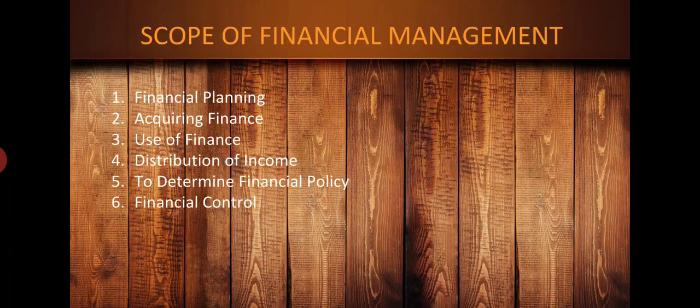The scope of financial management is divided into 6 parts. The first is financial planning, then acquiring finance, use of finance, distribution of income, determining financial policy, and the last one is financial control.